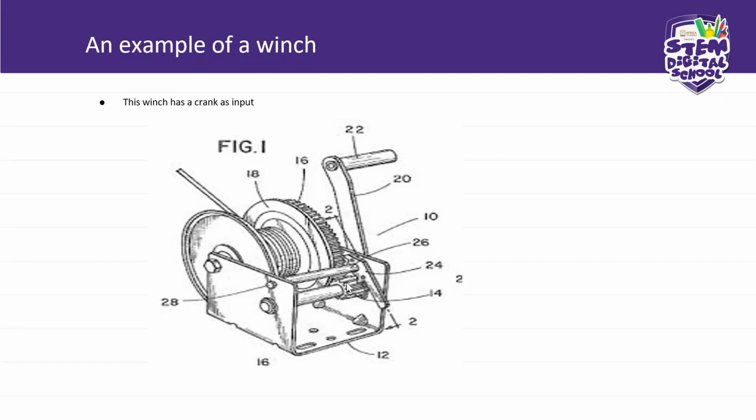The driver is small and the force is multiplied in the bigger gear, and then we get great output force. And that is what is going to operate this winch so that it can release the cable to the pulley system.